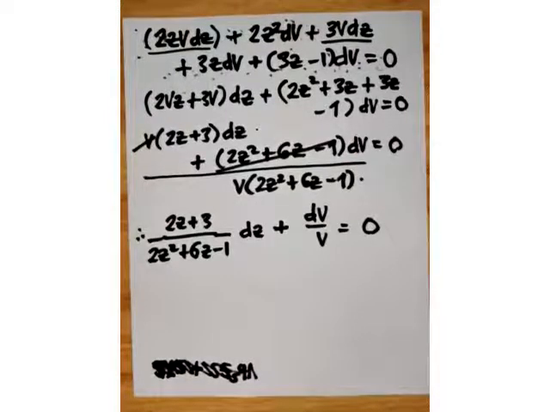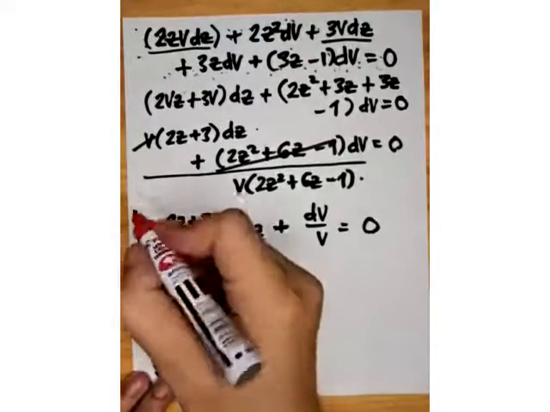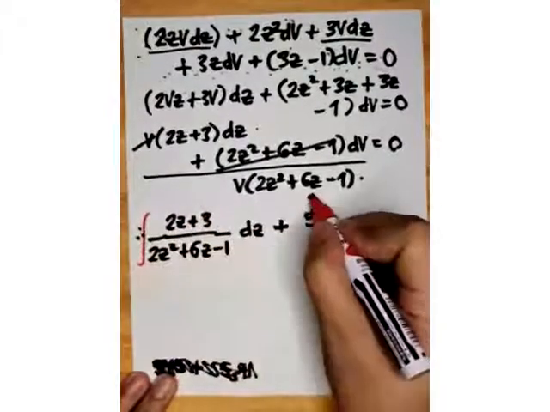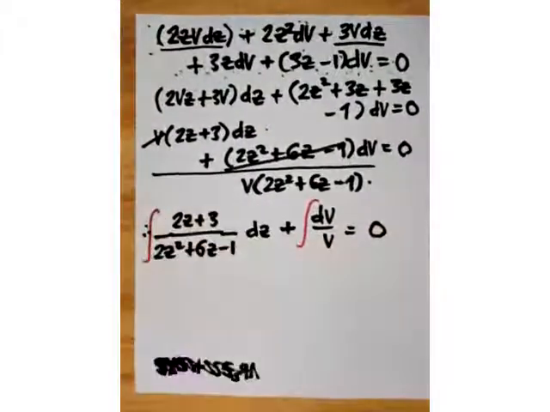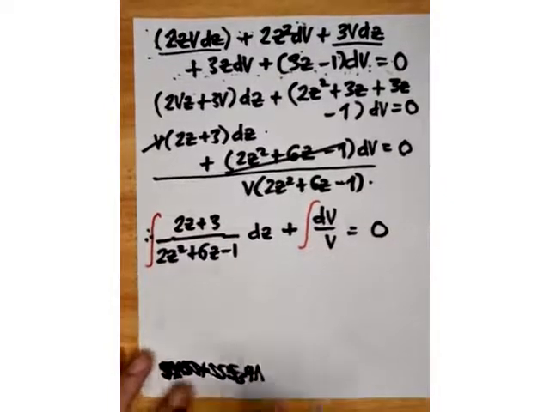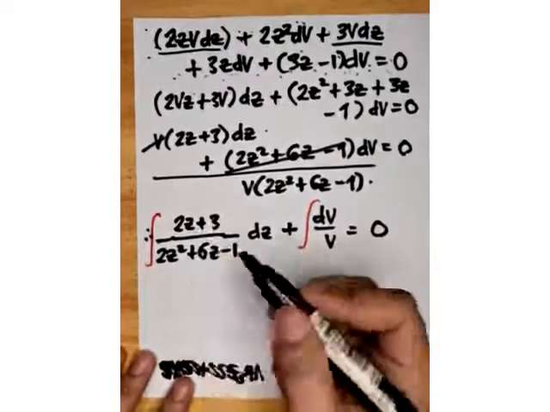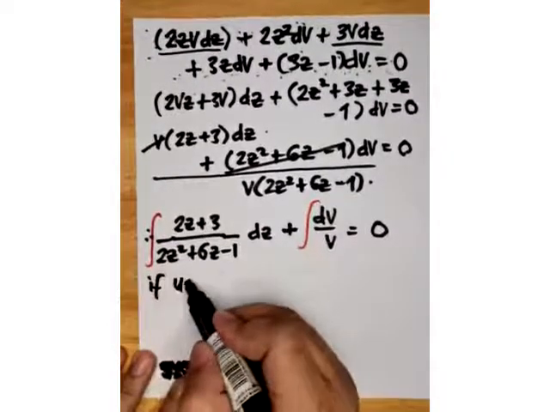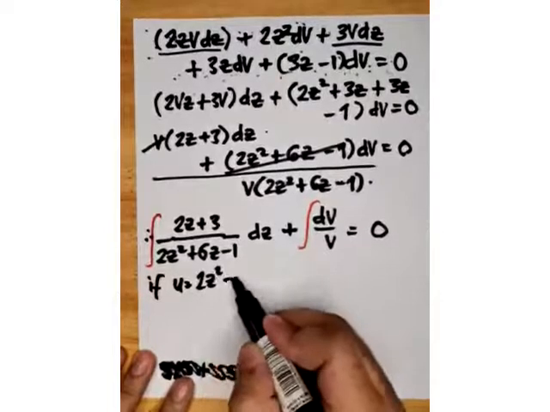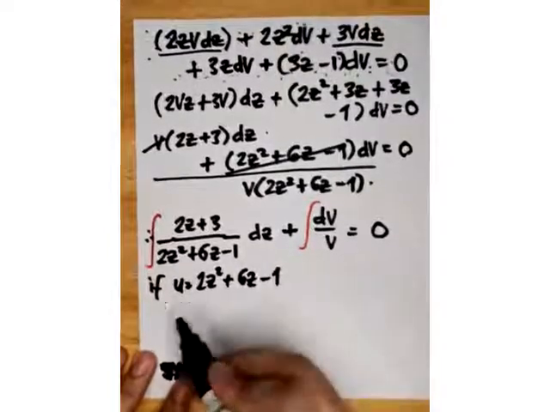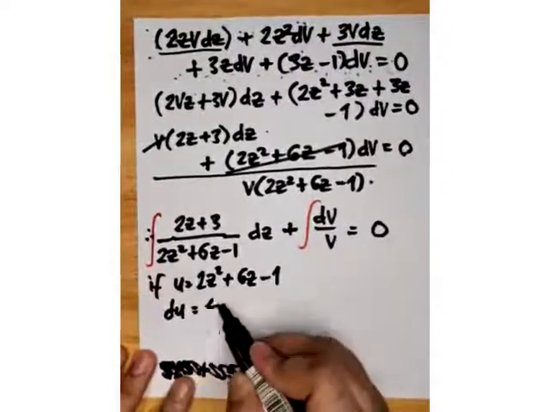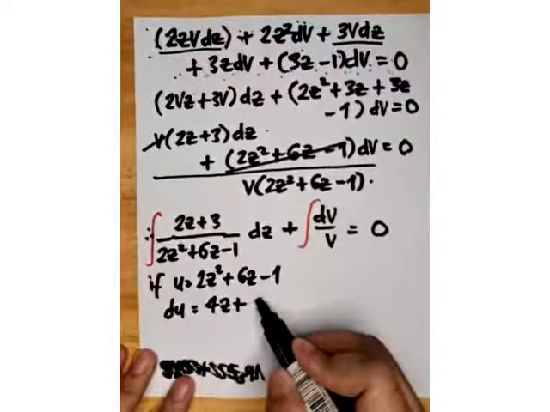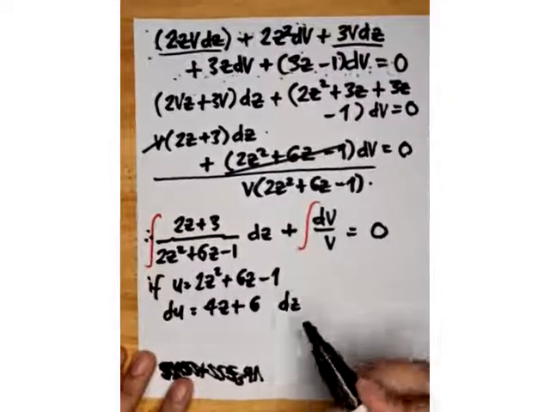Okay, so that means we are ready. So the equation is now separated. So let's just integrate. Ayan. Okay, so paano natin siya integrate? So integrate natin. Ito walang problema about this one. So if you will try ln, so if u is equal to 2z squared plus 6z minus 1, so du will be 4z plus 6 dz.